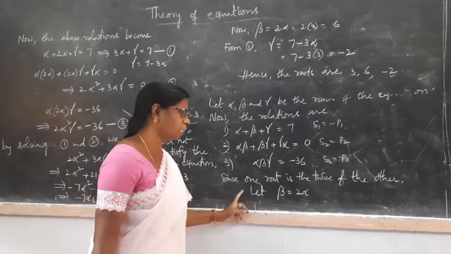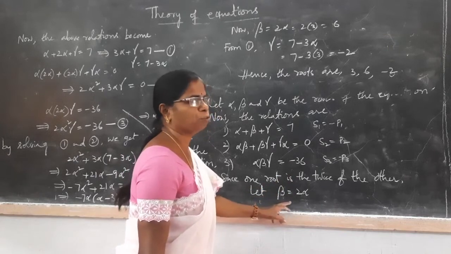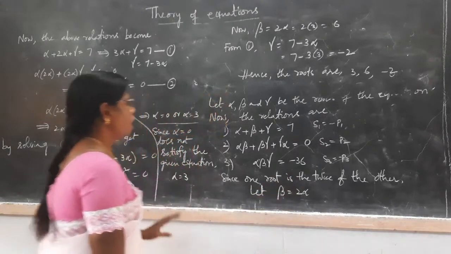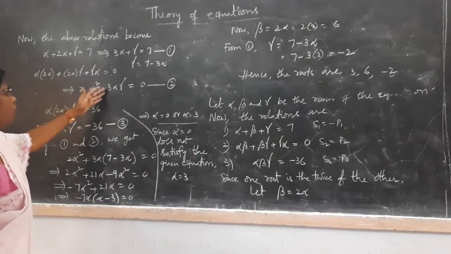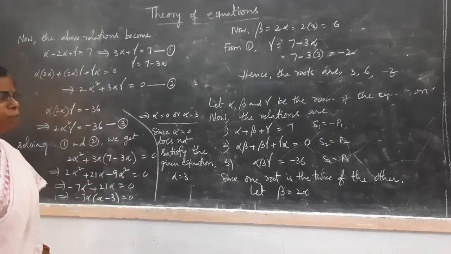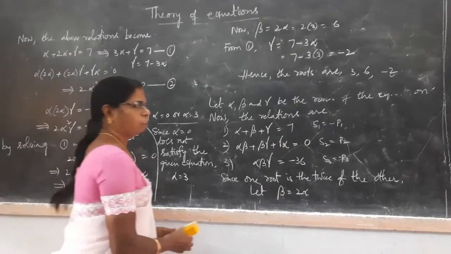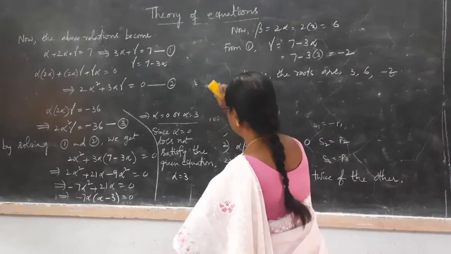Here the condition is one root is twice the other, that means I assume beta is equal to 2 alpha, and implement that condition in the relations. By solving these equations we get alpha, beta and gamma. That is our solution.